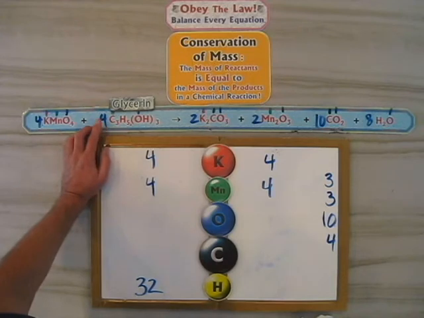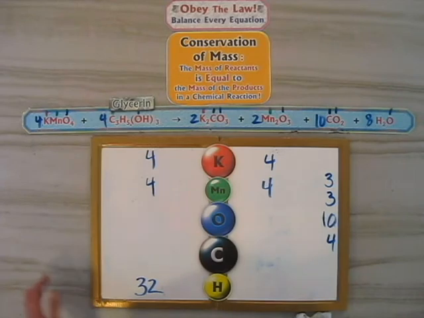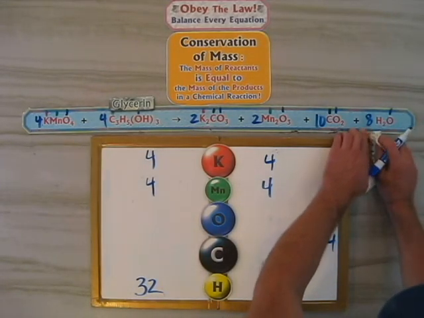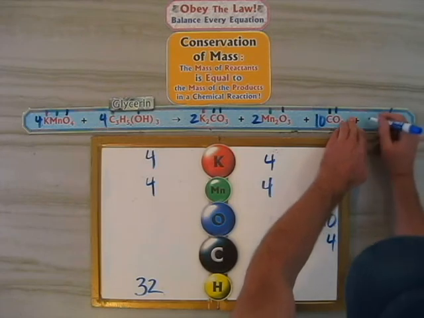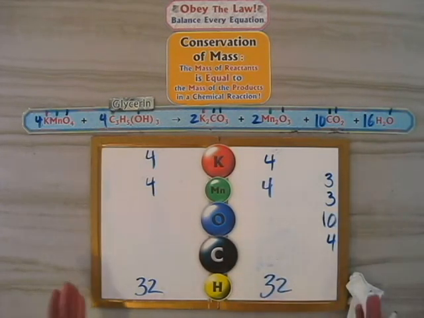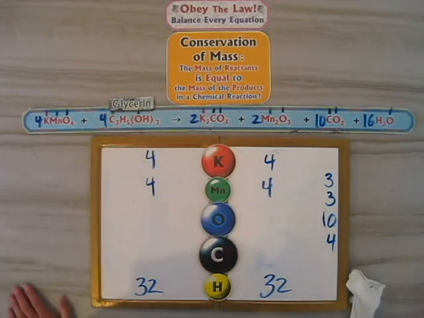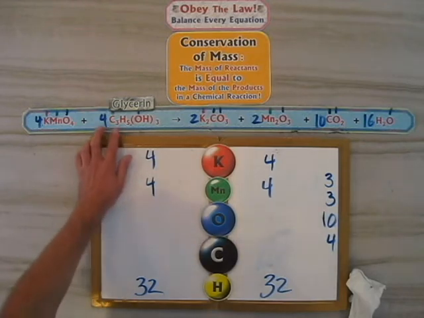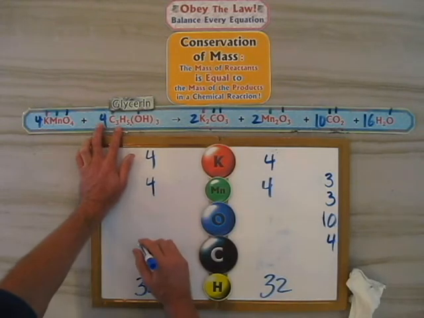Okay, and then how would I get 32 hydrogen over here? What coefficient would I need? I would need a coefficient of 16. That would give me 32 hydrogen on both sides. Okay, and then how many carbon would this be? 4 times 3, that is 12 carbon.